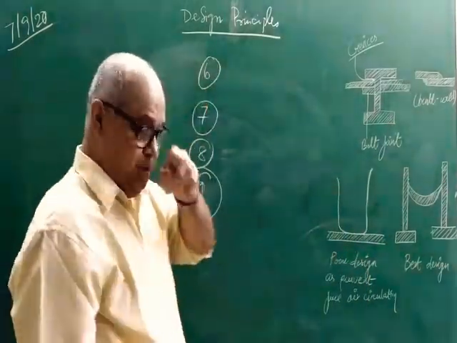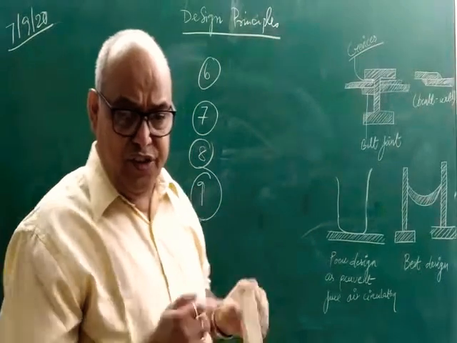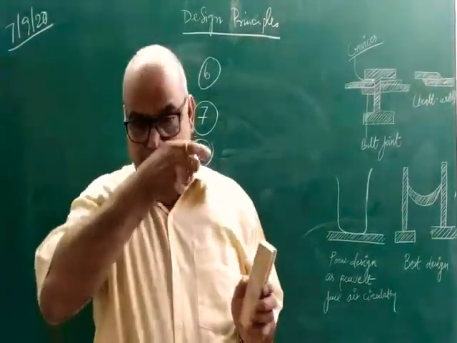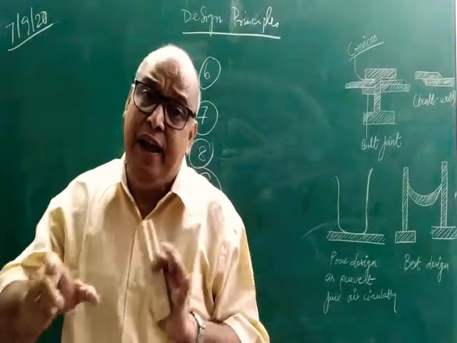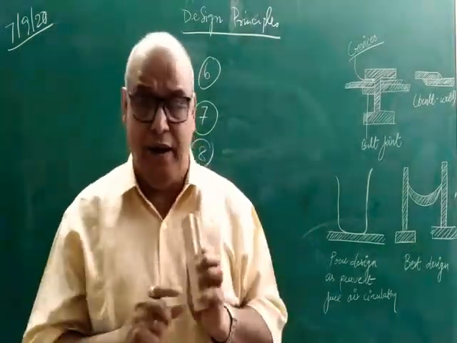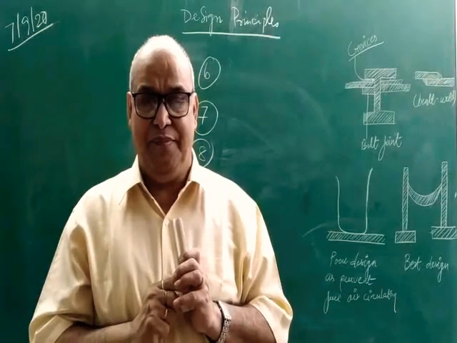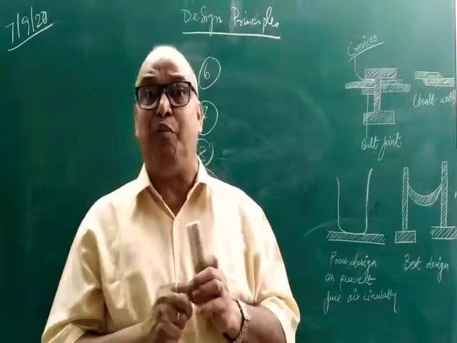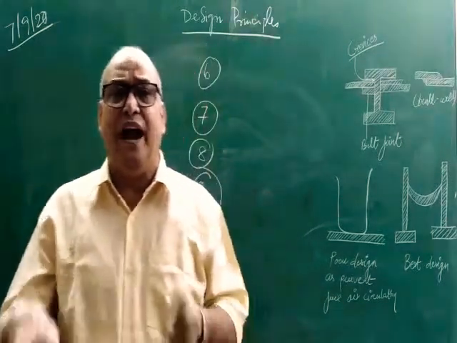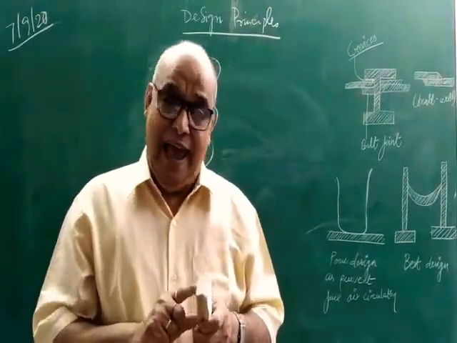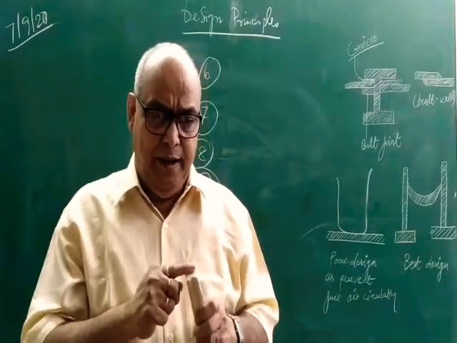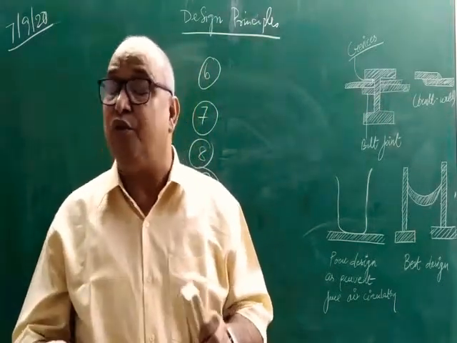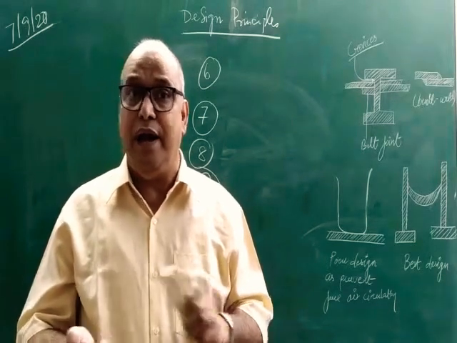Now next point, the design should be such that it will provide adequate cleaning option and flushing of the critical parts, so that deposition of dirt can be avoided, because we know that if dirt deposition is there, it will definitely produce a stagnant area, and stagnant area initiates anodic area production.